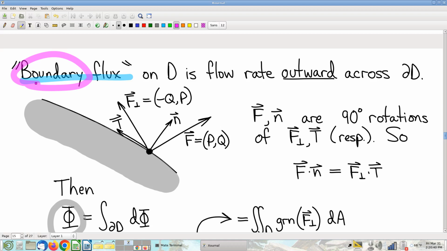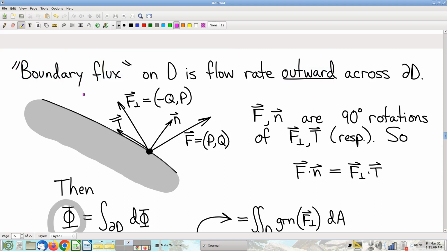This could have been done either way 150 years ago at some point in the distant past, but convention got chosen. There is a standard. It is worldwide, and we're going to stick with that. The word boundary in this case means outward. Flux outward through the boundary of whatever region you're looking at. Arbitrary, but standard.